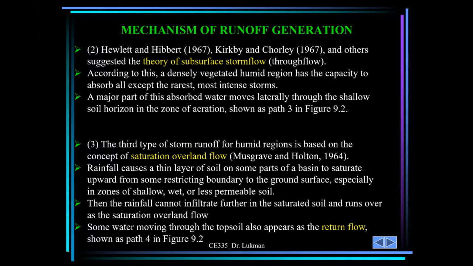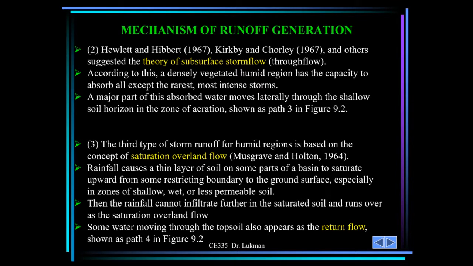The runoff cannot infiltrate further in the saturated soil and runs over as saturation overland flow. So what we are saying is that it first saturates some depth from the ground surface into the soil, and then you have saturation overland flow, and some water moving through the topsoil also appears as return flow.